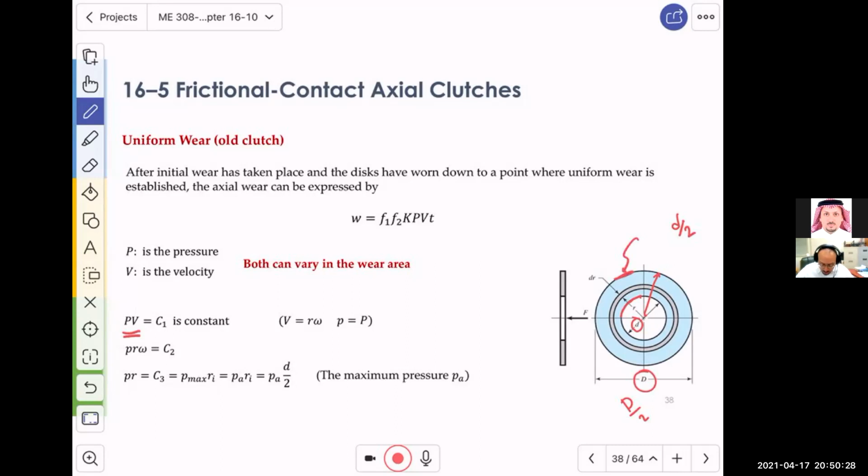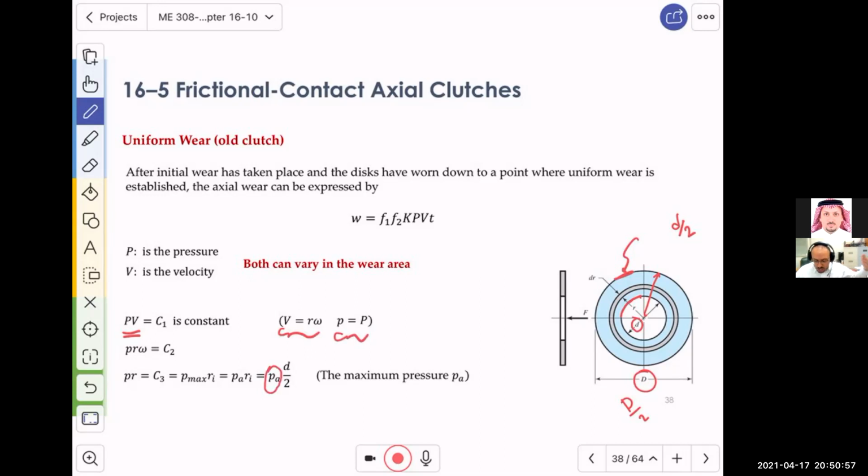So if we understand that V is equal to omega R, which I just said, and then we express the pressure as the applied pressure, which in this chapter we called P. By the way, we're just going to put it P, but in the end, we will be more interested in the maximum pressure, which is usually written as P sub a.